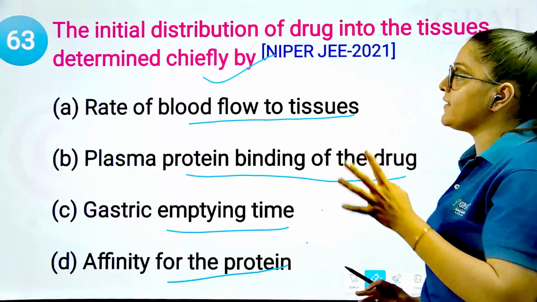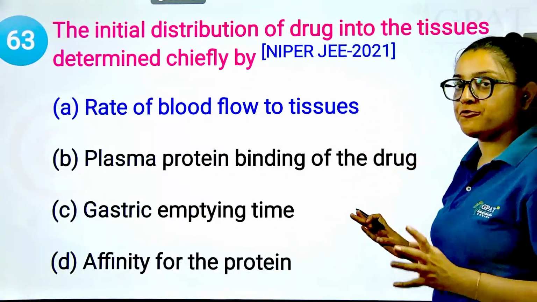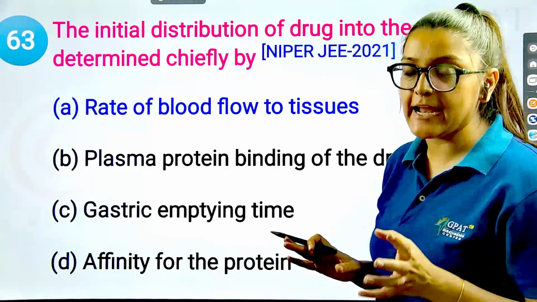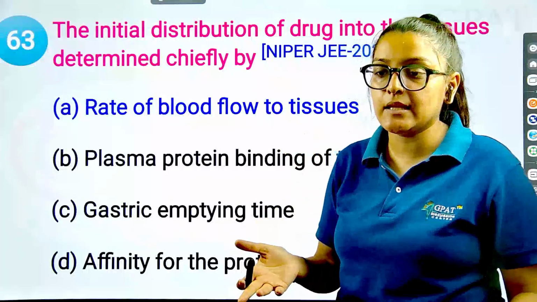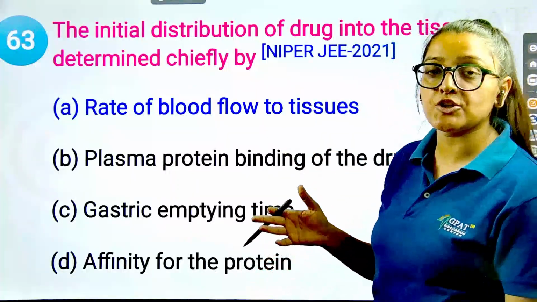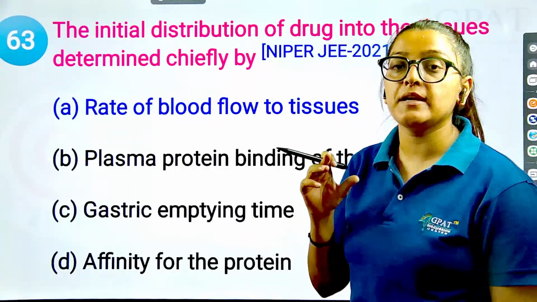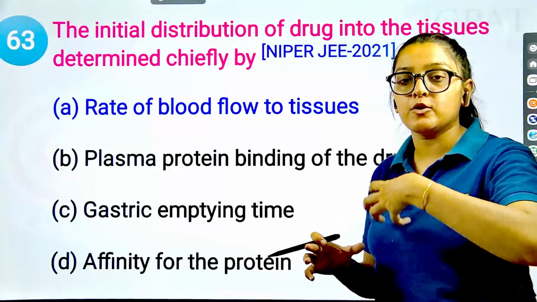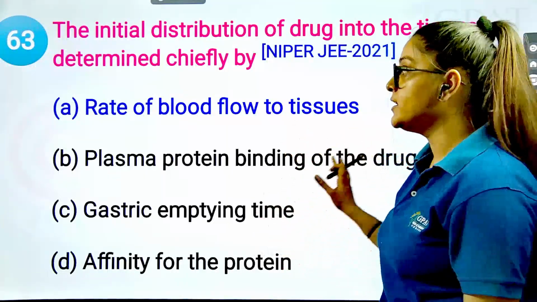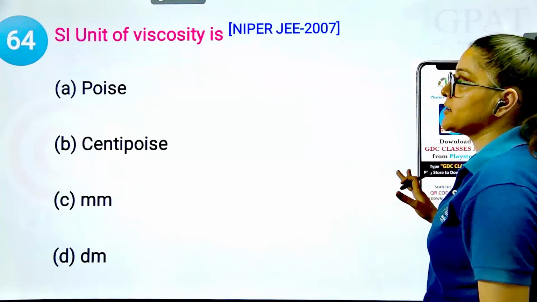For any drug, initial distribution will correlate to the perfusion rate, the rate of the blood flow, right? Because it has just entered the systemic circulation, it will definitely involve the perfusion rate through which the drug will be able to flow and enter into the different tissues. So we have the right answer, option A.